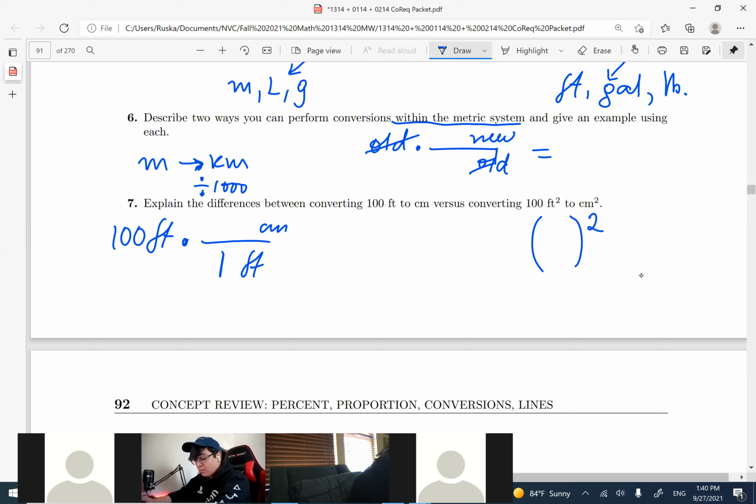Or you can go from foot to inch. Okay, let's go from 1 foot to inches. Do you remember inches to centimeters? It's 12 inches to 1 foot. Yes, 1 foot is 12 inches. So then you're going to go from inches.